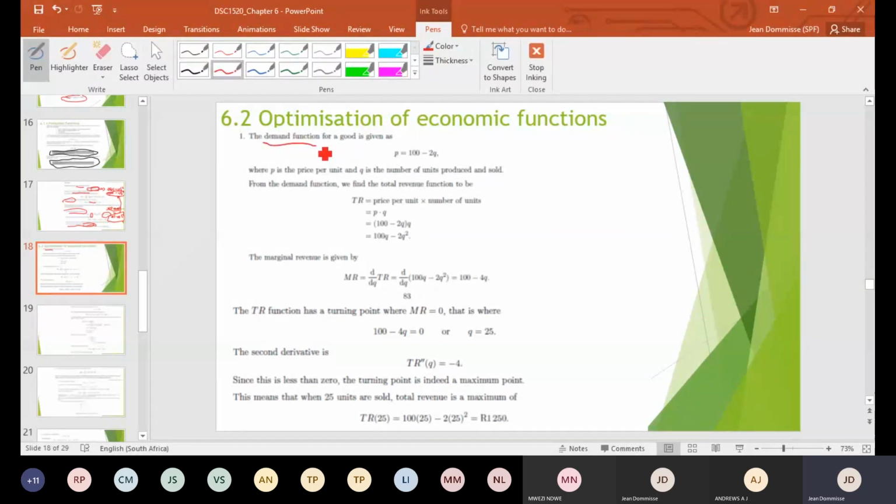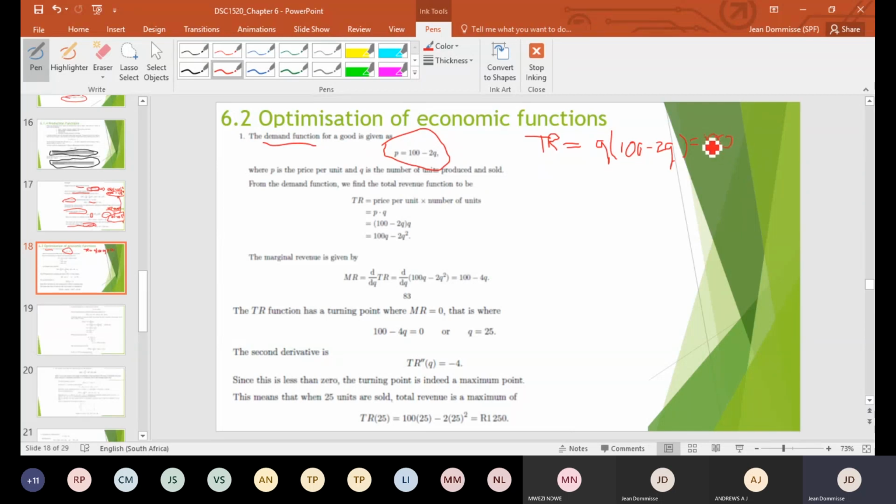We're working with a demand function. They need to tell you what the demand function is. So out of our total revenue, we can easily get to what we need to. It's P times Q. So we can easily get to what the total revenue is.